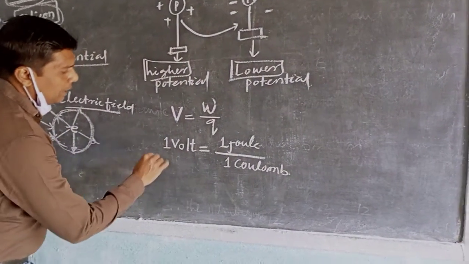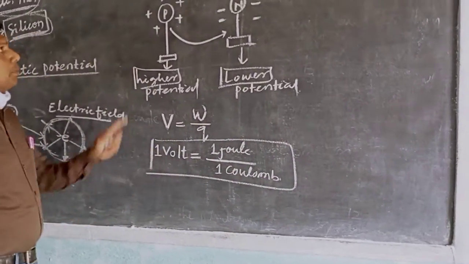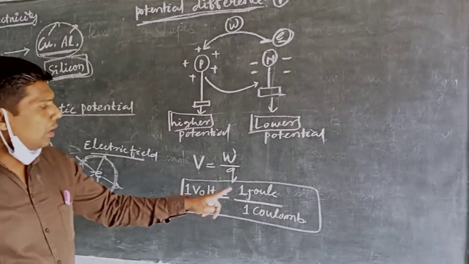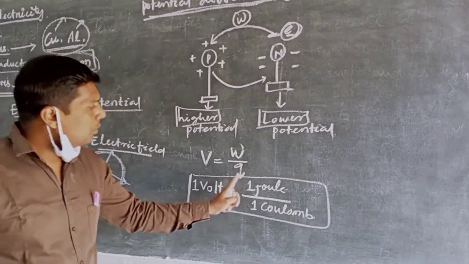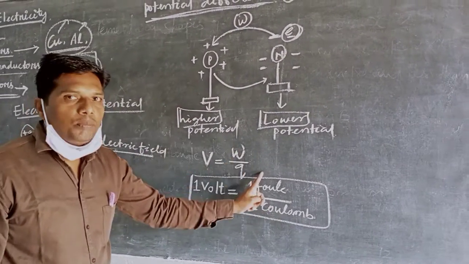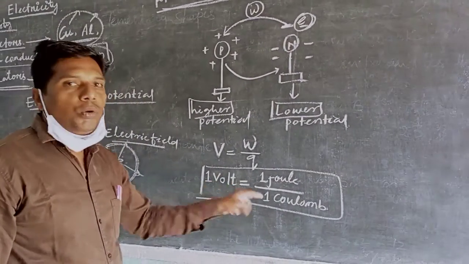Therefore, we can define 1 volt as the potential difference when 1 joule of work is done to move 1 coulomb of charge from one point to another point. Then we can say this is 1 volt.